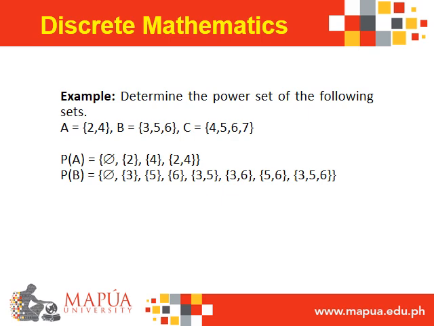As you notice, the number of subsets present in your given power set is denoted by the formula 2 raised to n, whereby n implies the number of elements found in your given set.